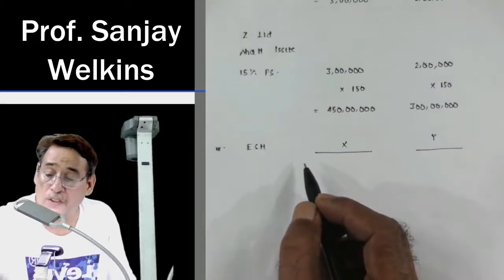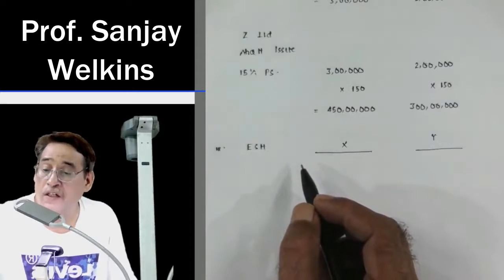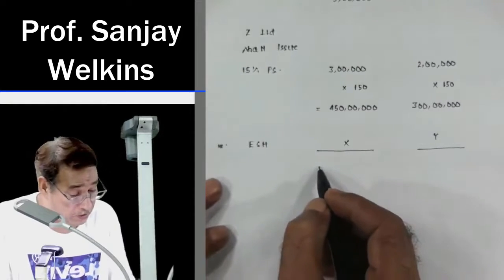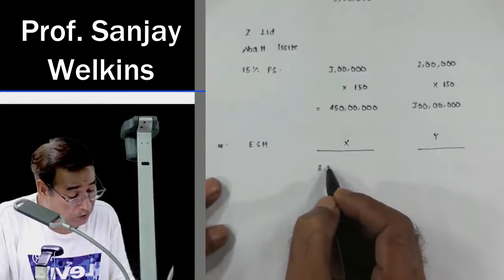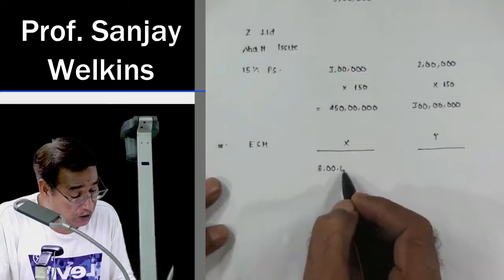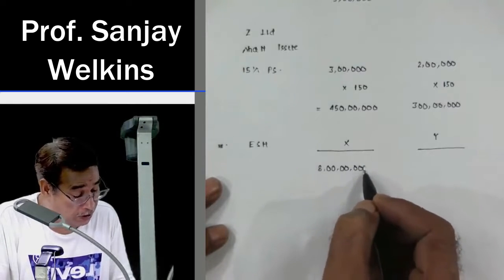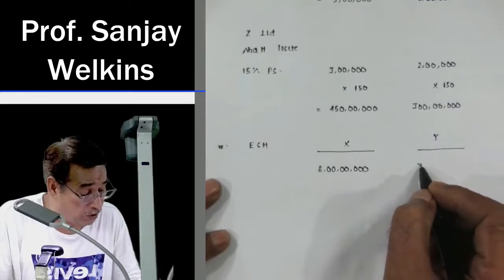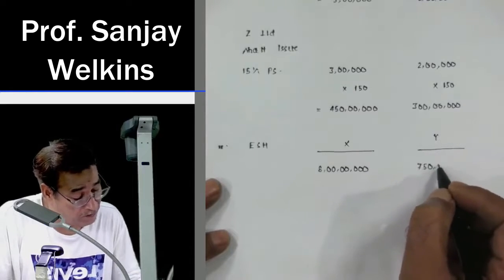Where is the balance sheet? Yes, here it is. Equity share capital of X Limited is 800 lakhs. And of Y Limited, it is equal to 750 lakhs.